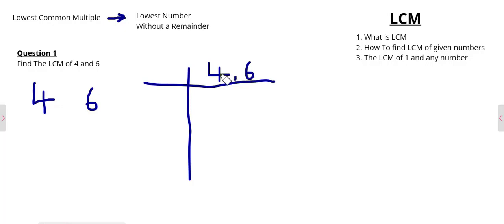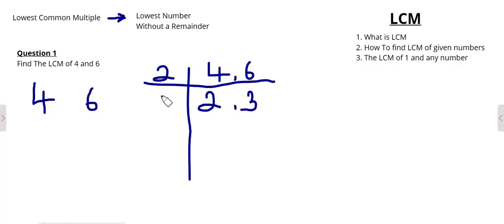Which number can divide 4 and 6? The number that can divide 4 and 6 is 2. So 2 divides 4, it gives us 2. And 2 divides 6, it gives us 3.